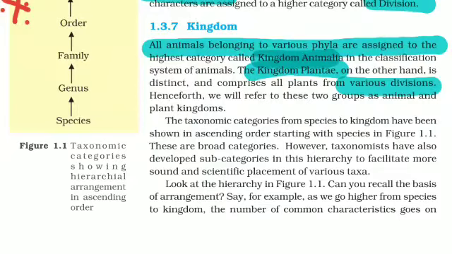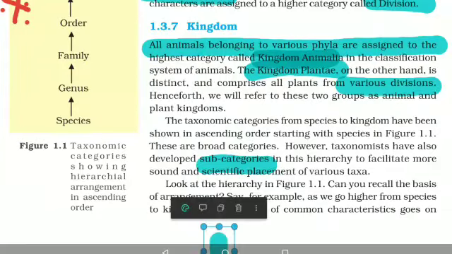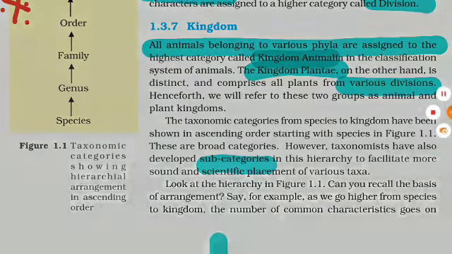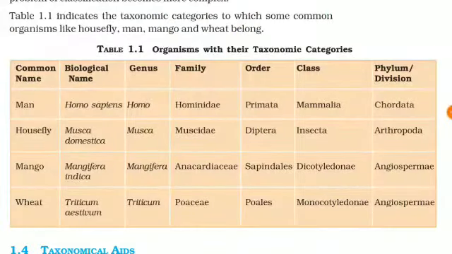We'll be seeing subcategories in the coming chapters. They have given one table, organisms with their taxonomic categories, to simplify your reading.